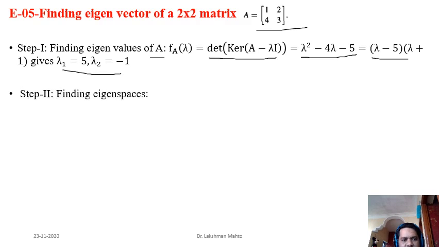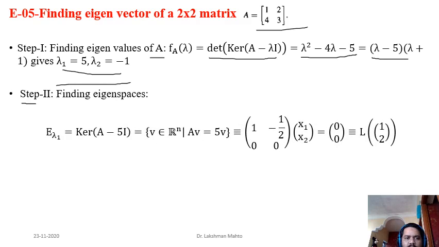In the second step we will find the eigenspace. With respect to eigenvalue 5, we get E5 or E lambda 1. What is E lambda 1? It is the eigenspace with respect to lambda 1 equal to 5, and in that process just solve this system of linear equations.